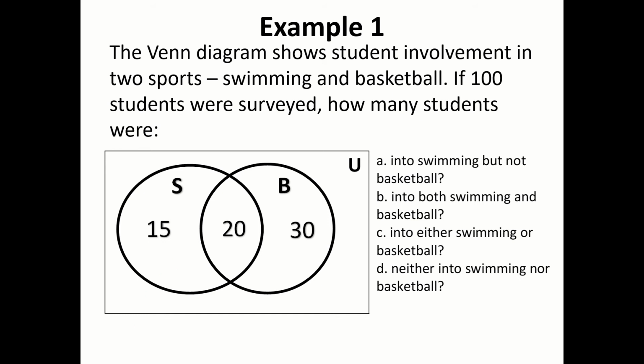Take note that when we are dealing with these word problems involving sets using Venn diagram, we are already dealing with cardinality. If you try to recall, cardinality is about asking the question, how many? So the 100 that you see right now is the number of students being considered in our universal set.